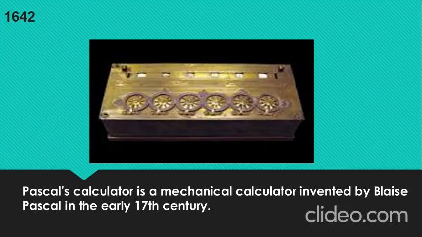For example, as one dial moved 10 notches or one complete revolution, it moved the next dial, which represented the tens column, one place. When the tens dial moved one revolution, the dial representing the hundreds place moved one notch, and so on. Pascal's device could only add and subtract, while multiplication and division operations were implemented by performing a series of addition or subtraction.